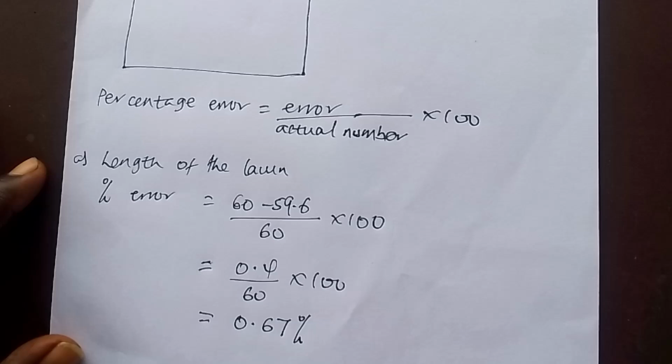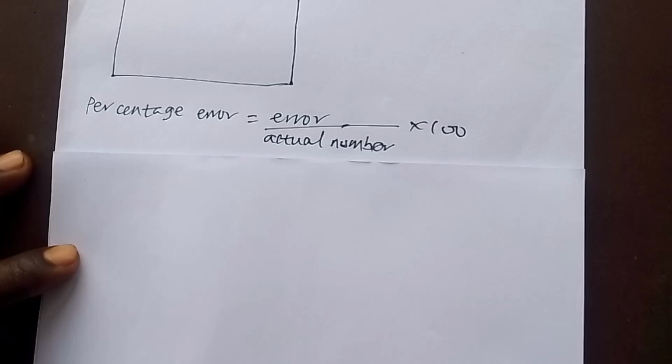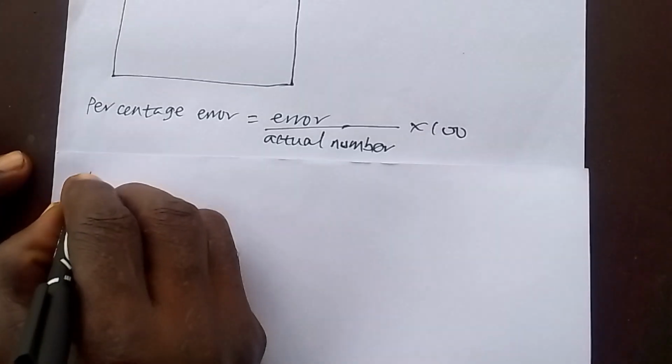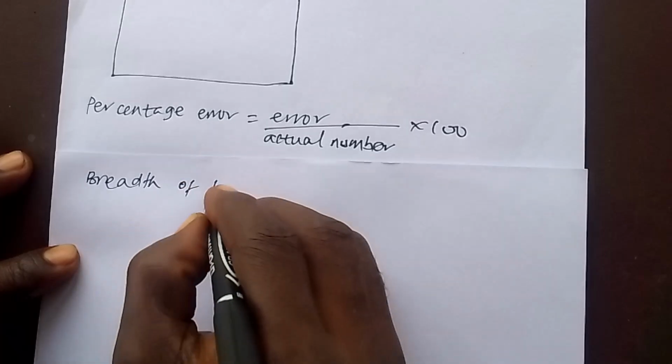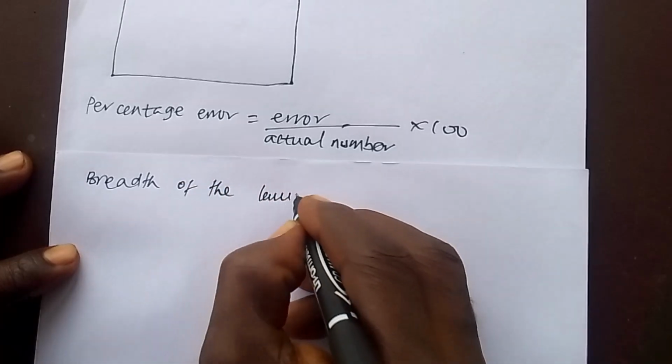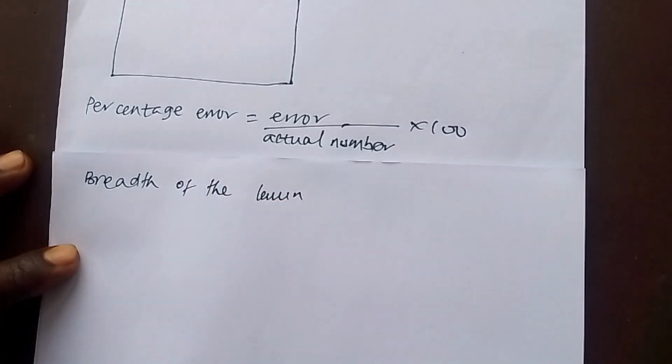Now let's move ahead and find the percentage error in the breadth of the lawn, with our formula already quoted.